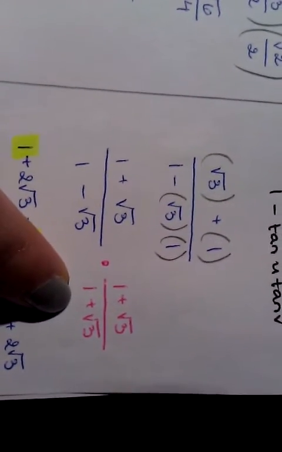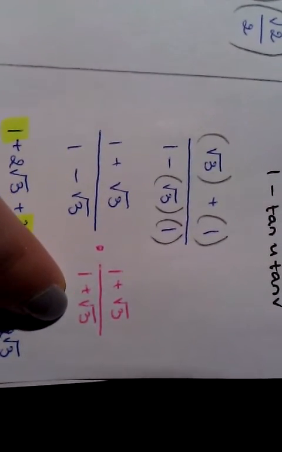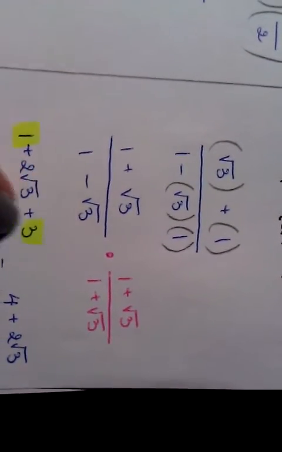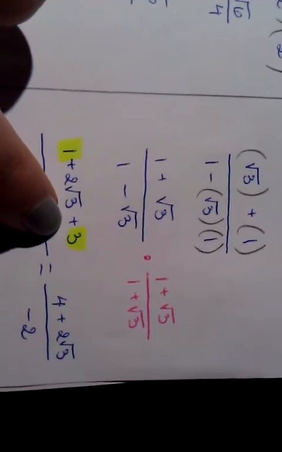After that, I multiply by the conjugate of the denominator, which is 1 plus radical 3, top and bottom. Using FOIL, I get 1 plus 2 radical 3 plus 3.